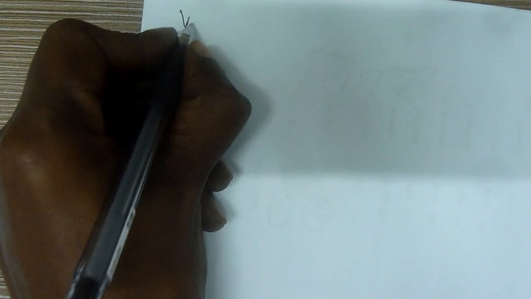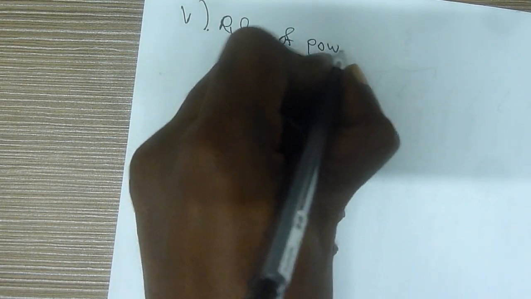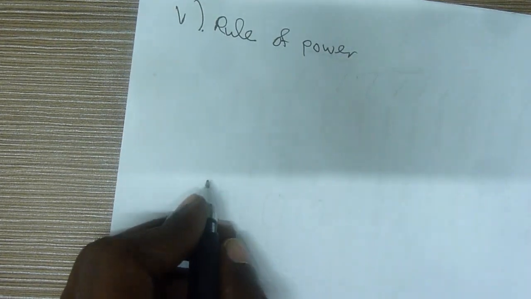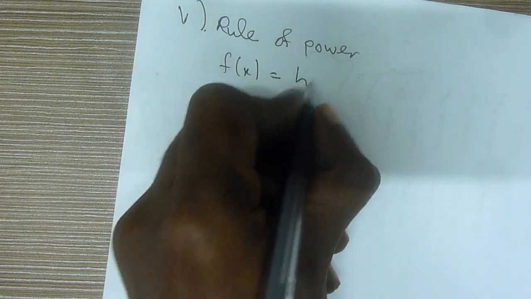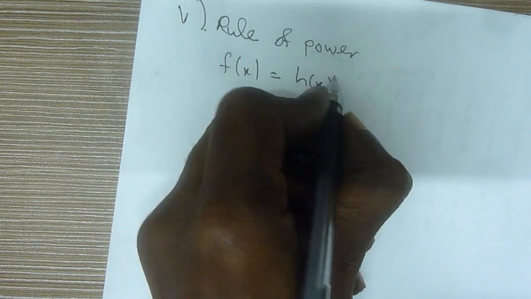Now the next one is a very important one, which is the power rule. The power rule is number 5. Number 5 is the rule of power. The rule of power basically involves h(x)^n.